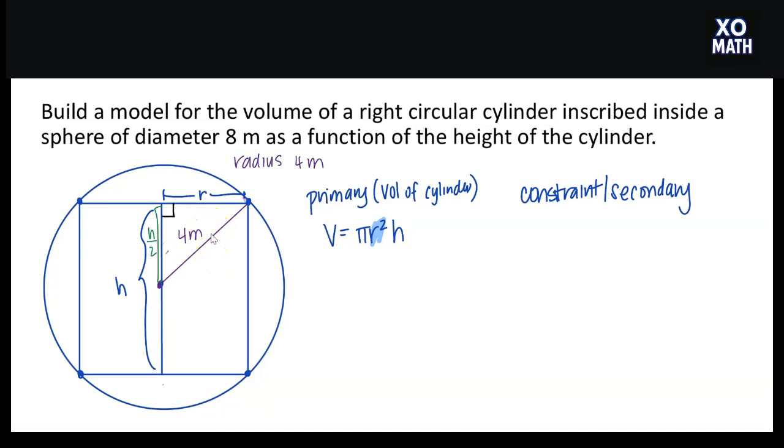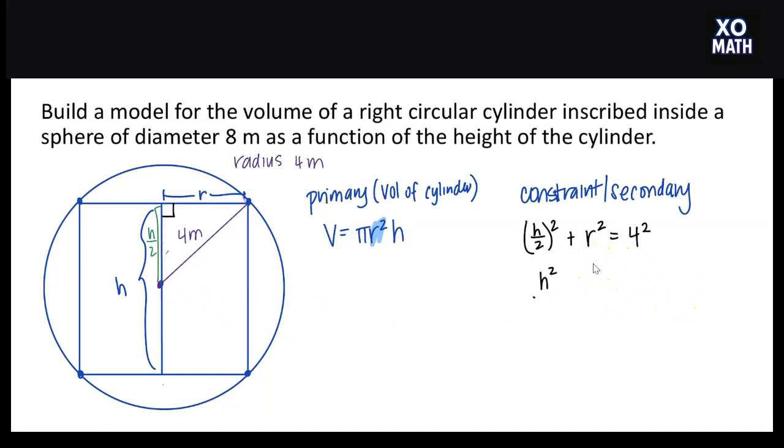So our constraint equation, this equation that relates the two variables I wanted to relate, r and h, and also involves the restriction, the constraint, which is the circle or the sphere representation, is going to look like h over 2 squared plus r squared is equal to 4 squared. So this is my constraint equation.